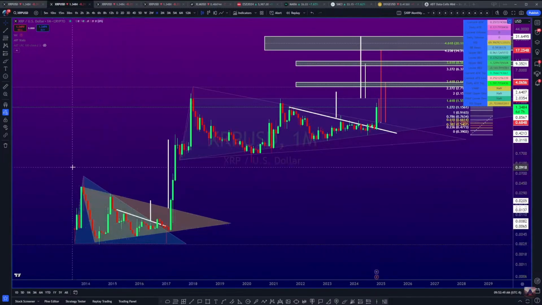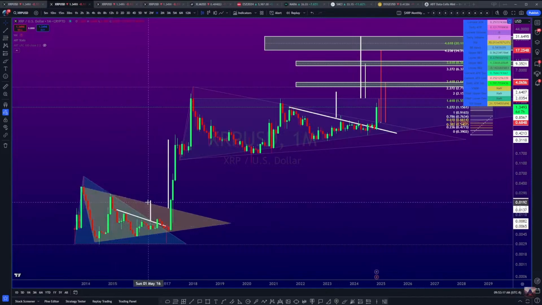Psychology is looking like it's really taking over here in a great way. Now, not only were we given the hint that we would test the resistance of the inner workings of the second formation here, but we introduced a third reason, psychologically speaking, for us to break out: an inverse head and shoulders, giving us the idea that the inverse head and shoulders would take us to eventually meet the resistance top.